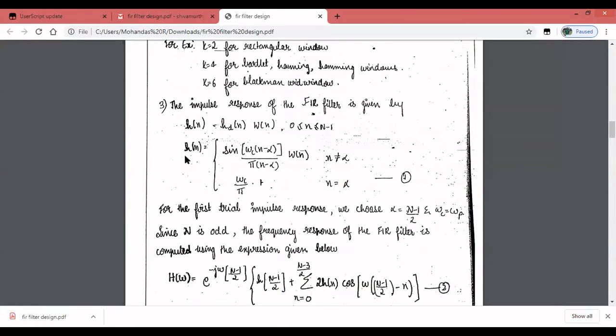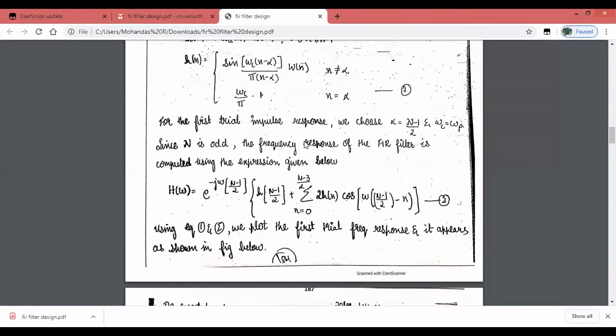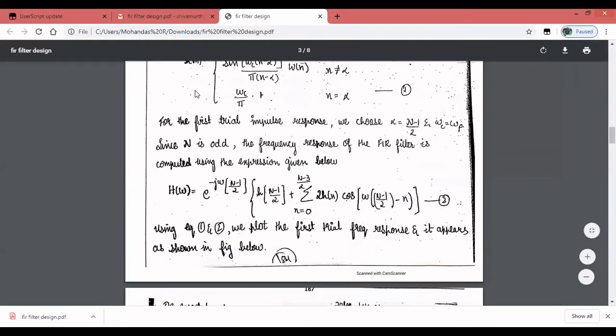Once we find the impulse response of the FIR filter, for the trial procedure we choose alpha equal to (N minus 1) by 2 and omega c equal to omega p.